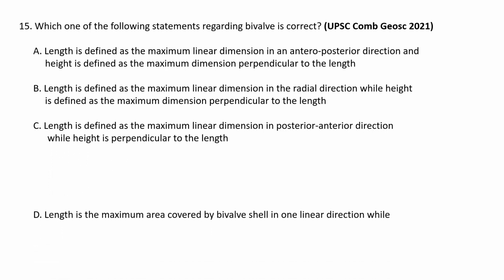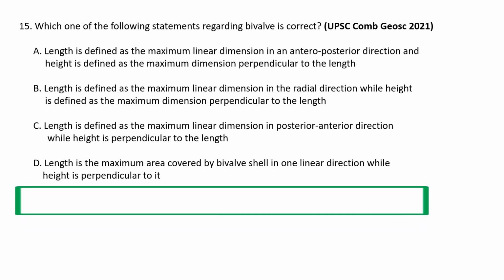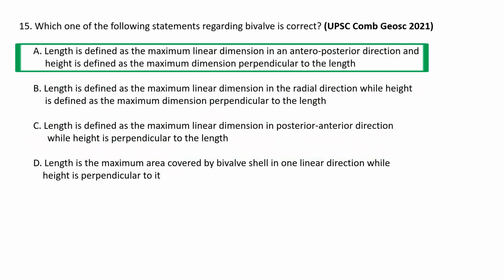D. Length is the maximum area which is covered by the bivalve shell in one linear direction, while height is perpendicular to it. So which statement is correct regarding the bivalves? Here the length is the maximum linear dimension in an anterior to posterior direction, and height is the maximum dimension which is perpendicular to the length.